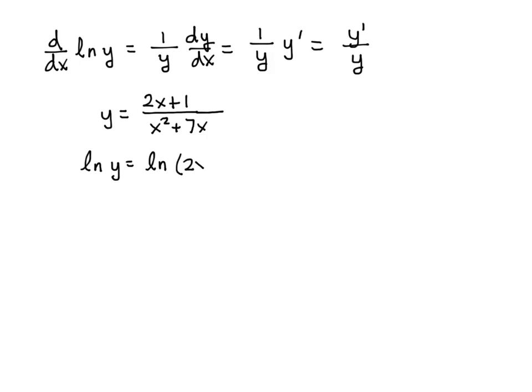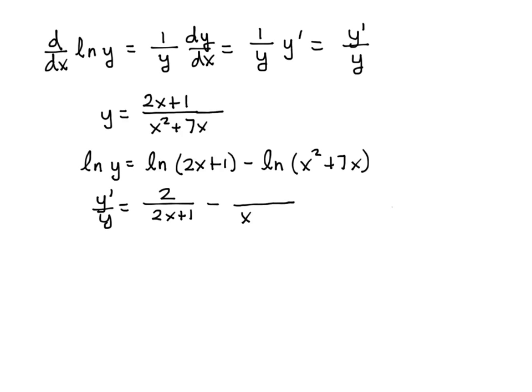I'm going to take the log of both sides. And so when I take the log of this, I can put it out into two different expressions in logs, right? The log of 2x plus 1 minus the log of x squared plus 7x. Now let me take the derivative of both sides. I know that the derivative of the log of y is y prime over y.